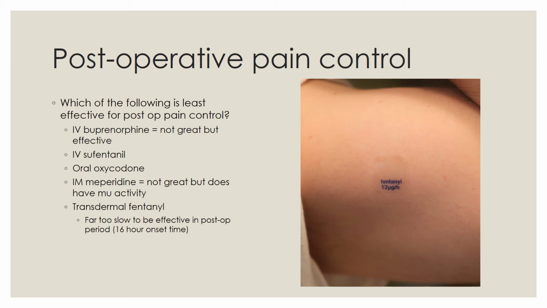So IV buprenorphine is not a great agent for pain, but still somewhat effective. IV sufentanil can be used, of course. It's a very potent opioid. Our patients tend to go home with oral oxycodone, which is an effective pain medicine. And even IM meperidine can have some mu activity, not a great choice, but it does have some mu activity.